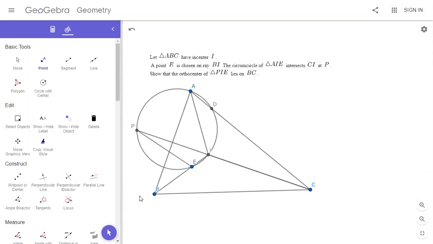Okay. So EDI is EPI. Let's see. For EDI is EAI.